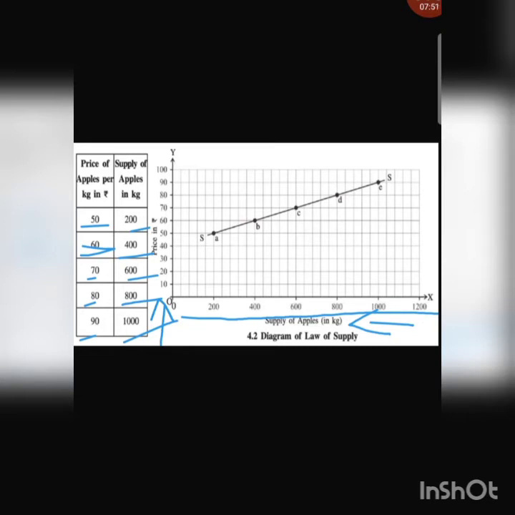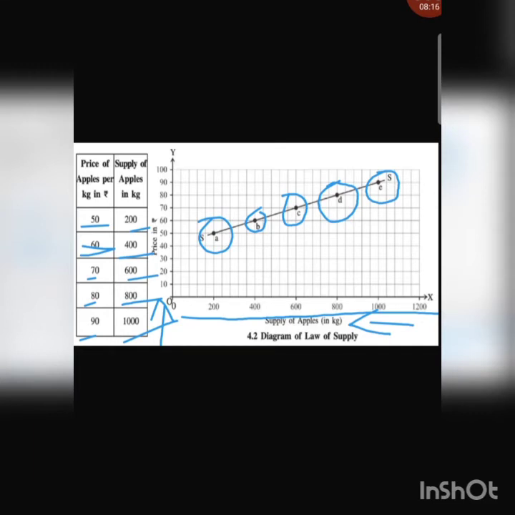Accordingly, when the price is 50, first you will show this point: 200 supply. When the price is 60, it is 400. Then 70, it is 600. 80 is 800. And 90 is 1000. So it keeps on increasing, as you can see.